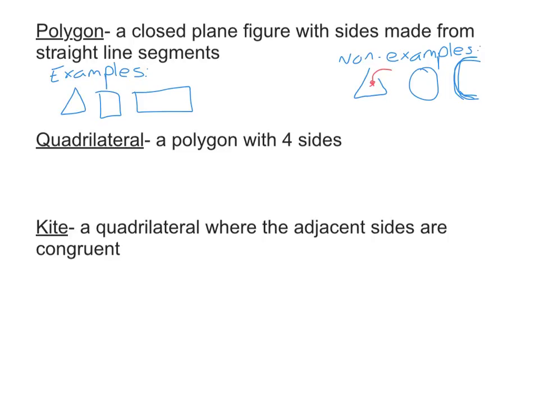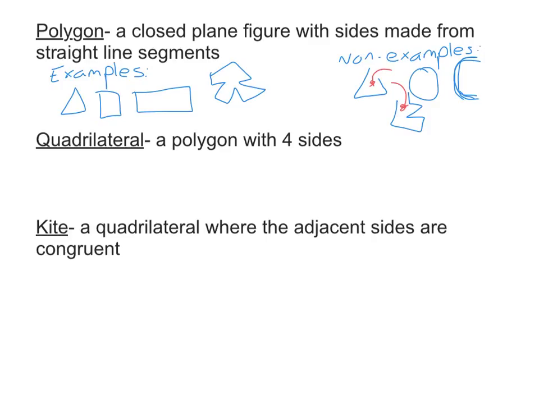We could have something crazy like this, but once again it is open and something could get out. We could have a crazy example of a polygon as long as these lines are straight, and if it's closed, then technically it's a polygon.